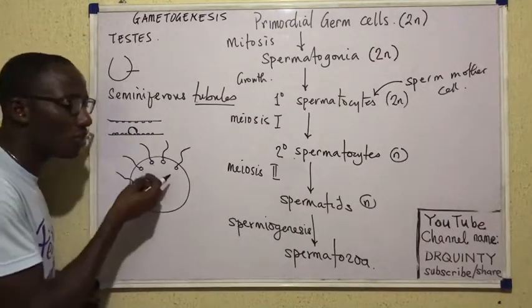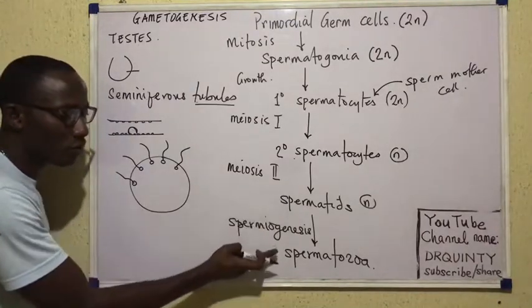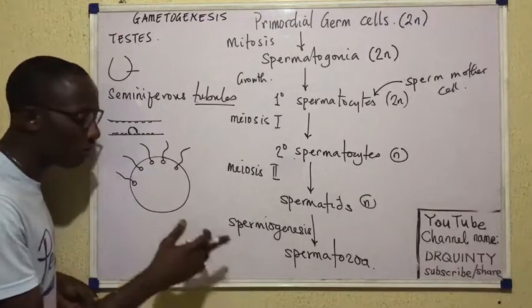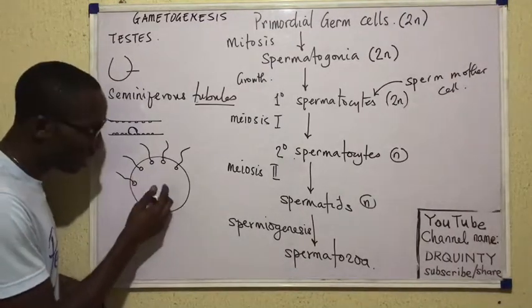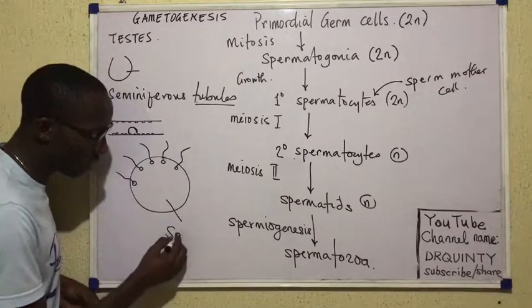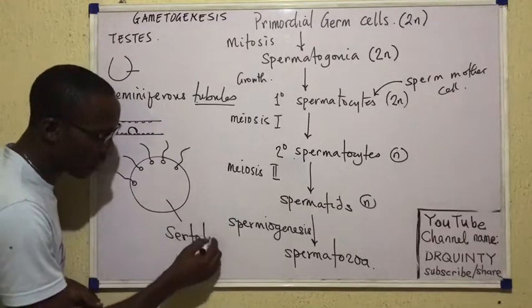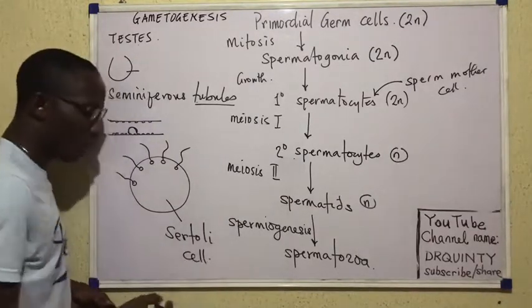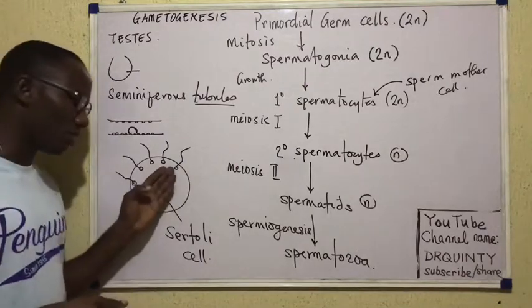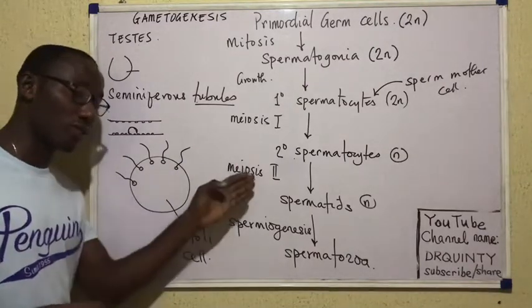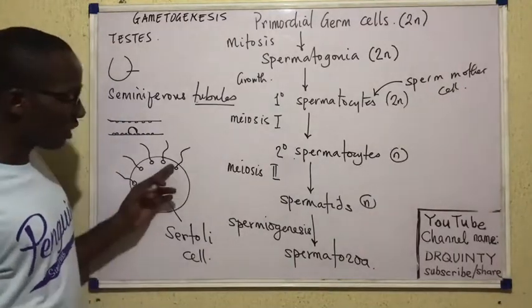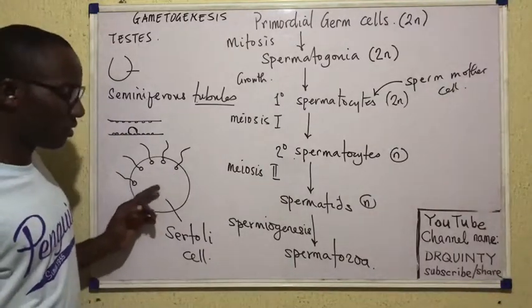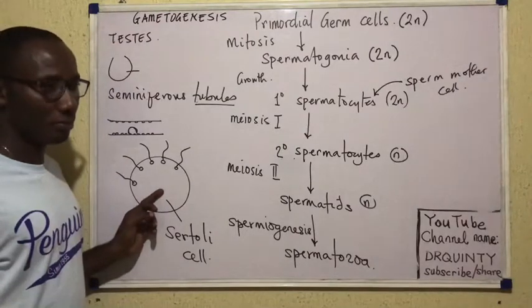So from spermatid to spermatozoa, the maturation period, they spend it attached to this giant cell. This giant cell is called the Sertoli cell. And we mentioned before that the release of these mature sperms from the Sertoli cell is called spermiation. So those are the sperm cells, and this is the Sertoli cell.